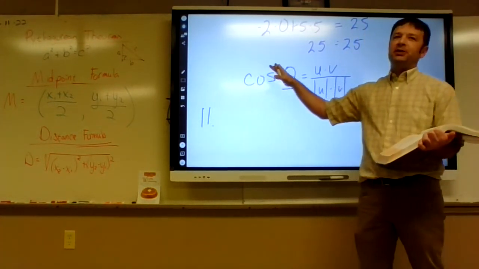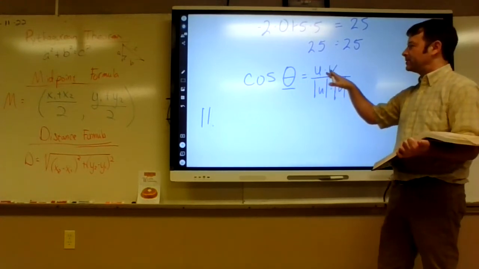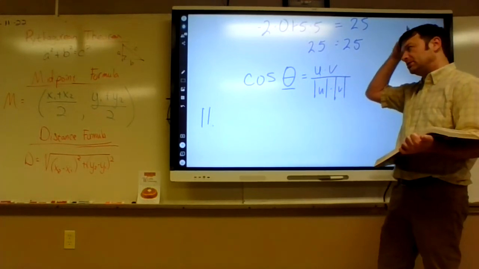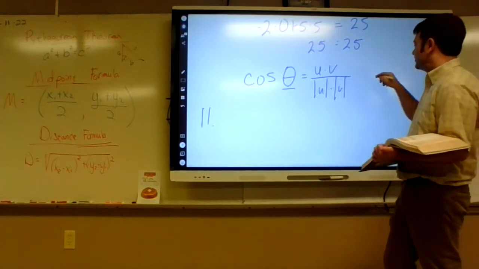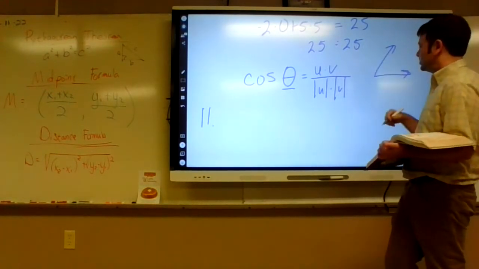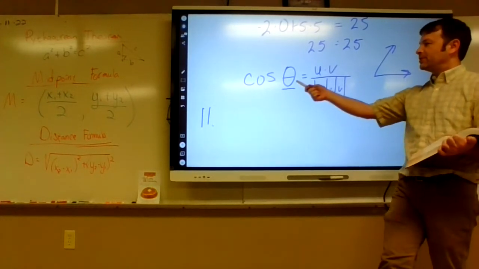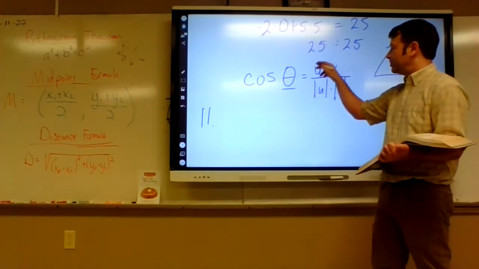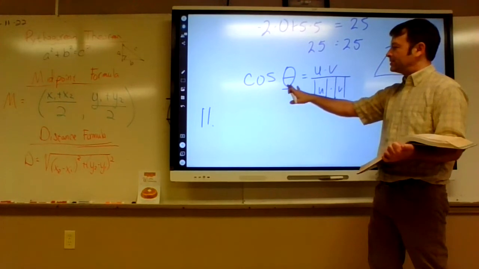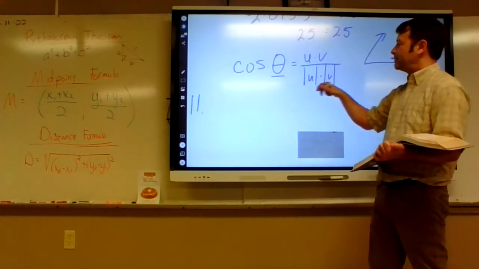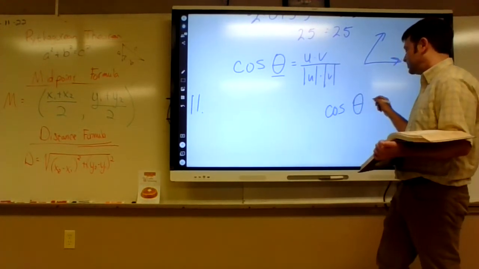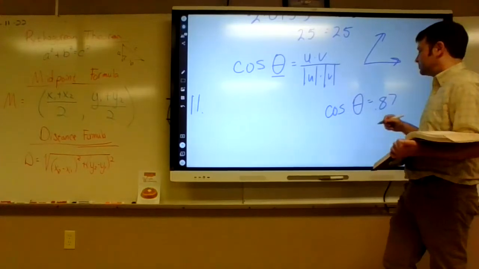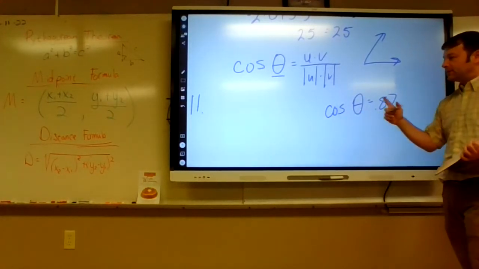This is the formula you can use to find the angle between the two vectors u and v. So you plug all the stuff in for u and v here, and then solve for theta. Let's say I plugged all this in and got cosine of theta equals 0.87. Cosine inverse of 0.87 will give you theta.